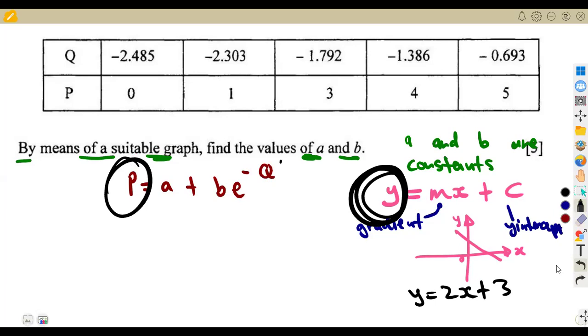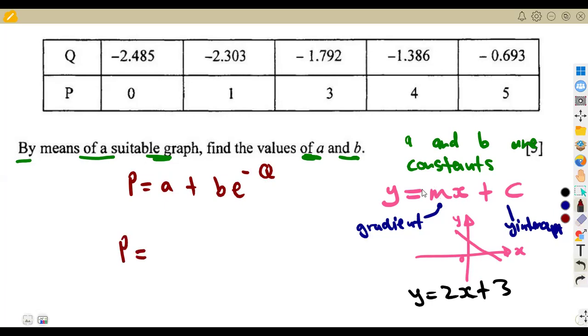So you can write this in the same format: P representing y is equal to mx, a number which is multiplying a variable, because x is a variable and the variable is on q. So it's going to be b e to the exponent of negative q, plus a. So we have the format y is equal to mx plus c.